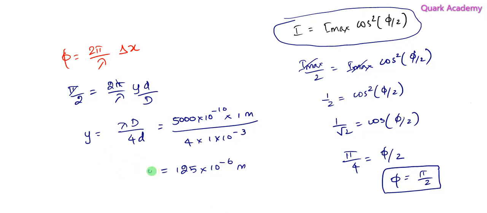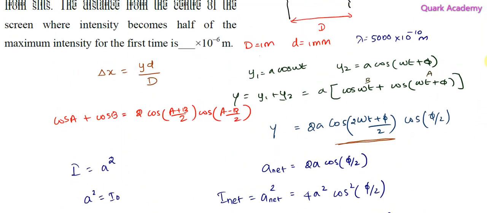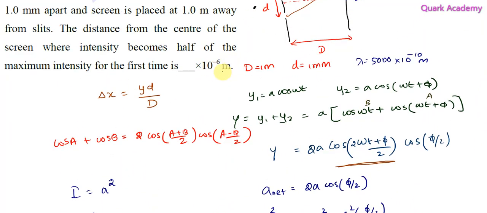So we are getting y value as 125 into 10 power negative 6 meter. So at this y value, we are going to get an intensity that is half of the maximum intensity. So here in the question, they are asking this one only. So we can write it as 125 because 10 power negative 6 is given. So this answer is 125.